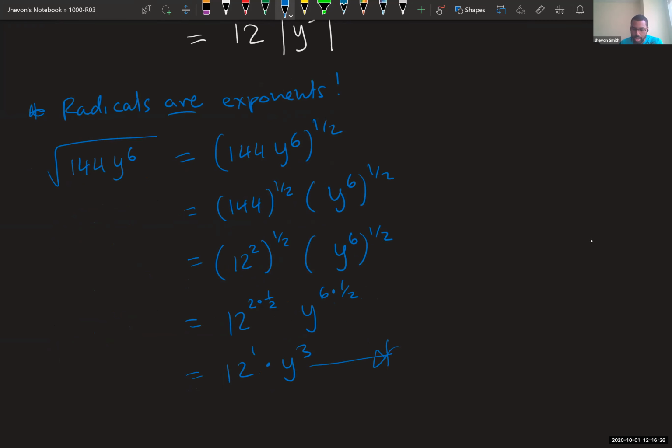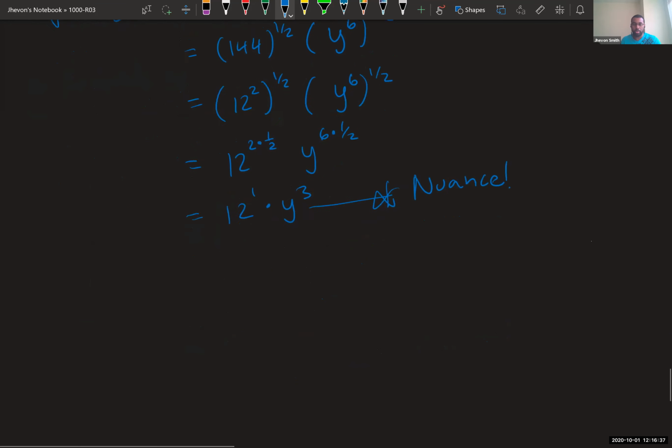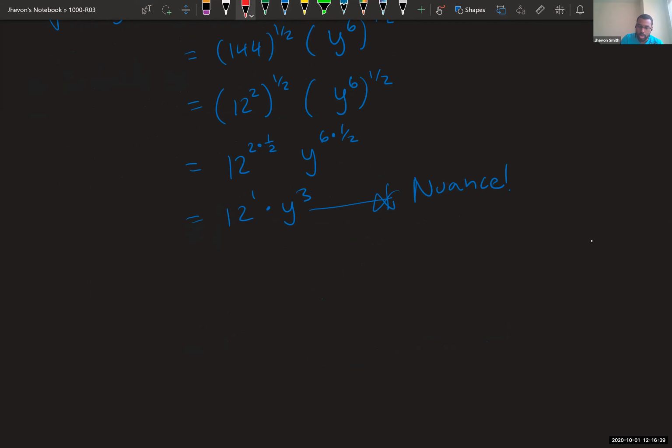However, there is some nuance here. And that nuance is something that's often forgotten, but I did mention this in class, which is why I threw this problem in the quiz to see if you guys were paying attention. But there is a nuance here. Because radicals can have a peculiar behavior based on whether the things that are underneath them are negative or positive. So if you have an even radical, then you have to have something non-negative under the radical.